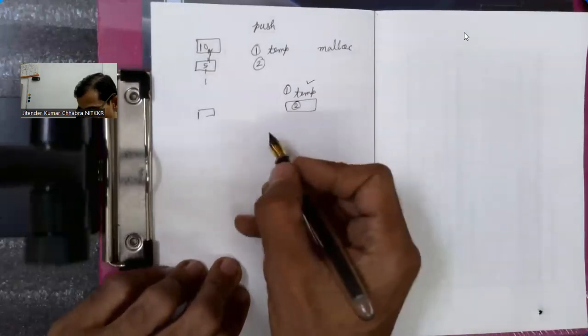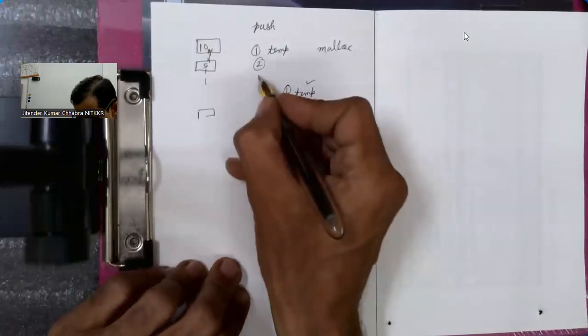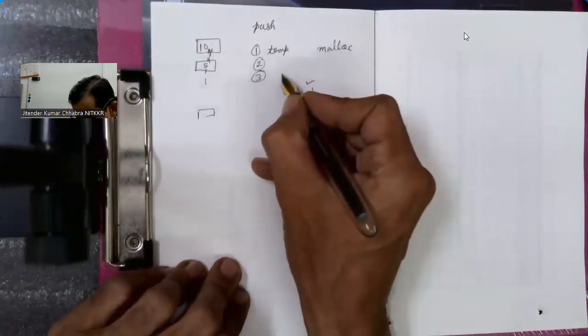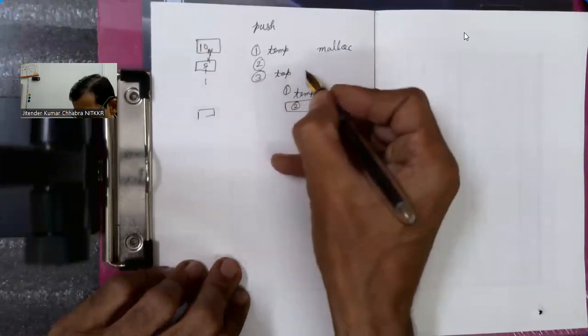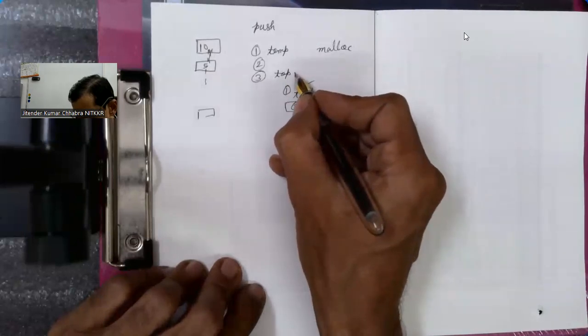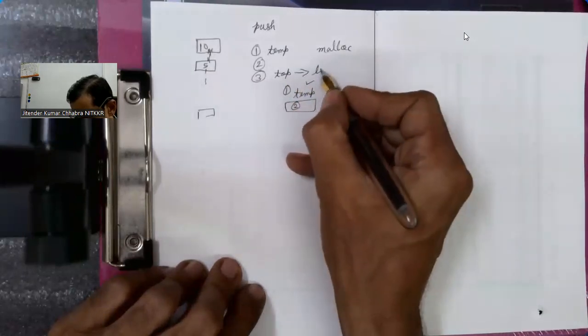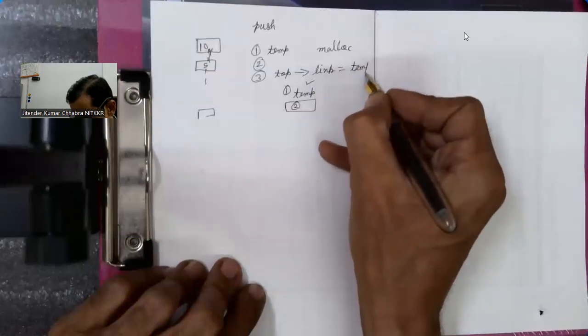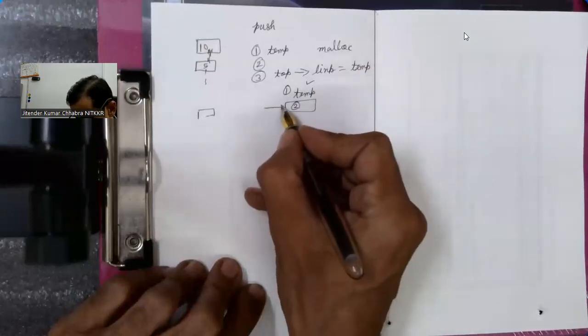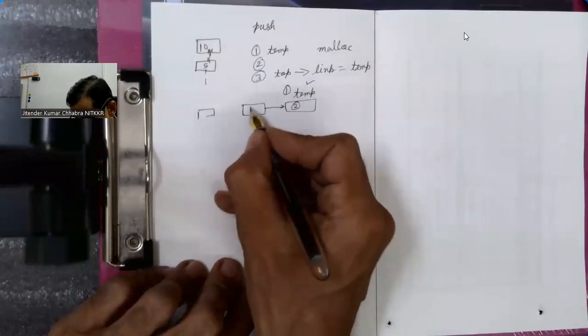If the list is already existing, step 3 was whatever was my previous pointer. In this case, my previous or topmost or last pointer was the top. So I probably think that I should do top arrow link equal to temp. That means earlier top was this 10.